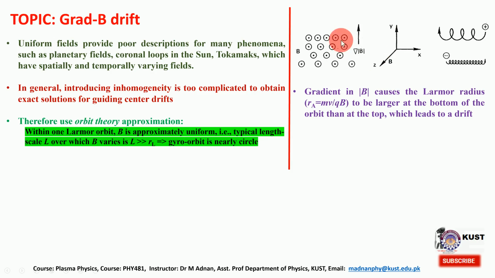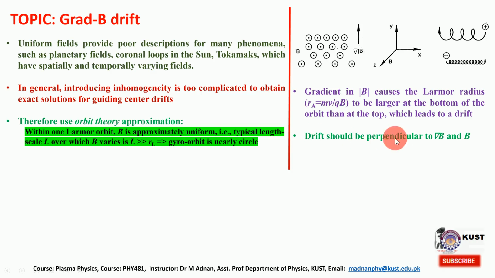So as it is moving along, it will experience a stronger field, so that the gyro radius will be smaller, and in that orbit when it is moving away along the y coordinate, it will experience a lesser field, so that the gyro orbit will increase, which leads to a drift, as we have discussed previously.